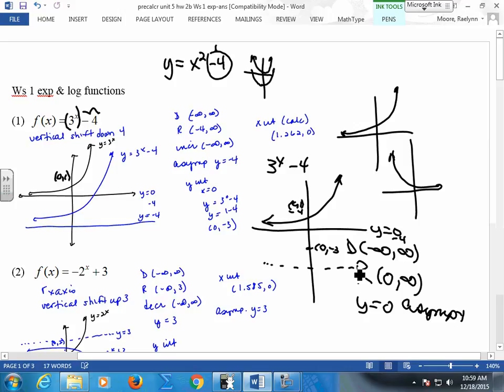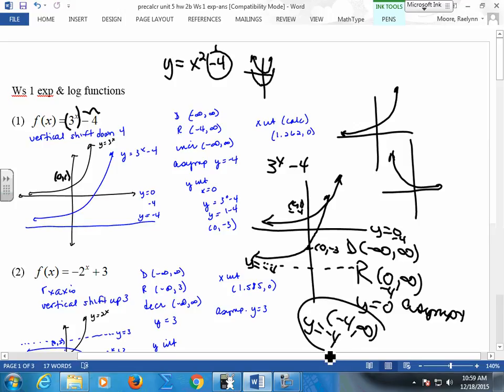It's now going to be at y equals -4. Everything moves down. So I'm going to make my function, so I'm passing through that and going up. That's it. My range dropped 4. My new range, -4 to infinity. My new asymptote, y equals -4.